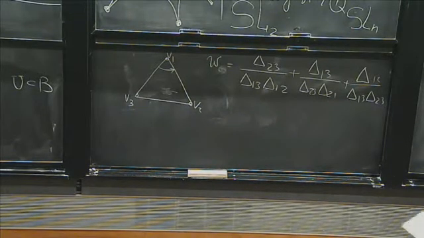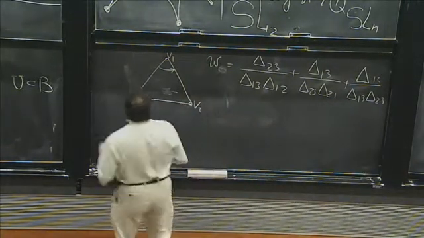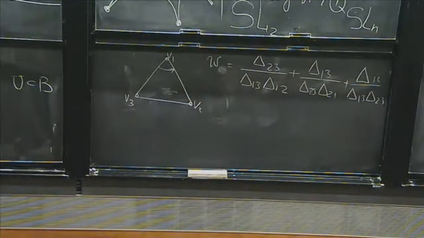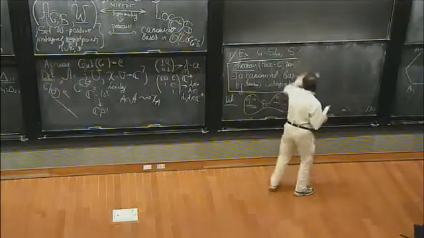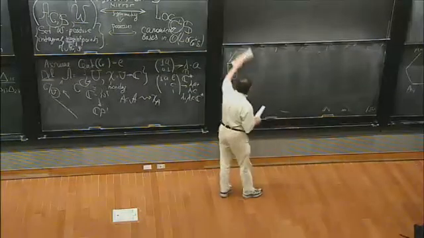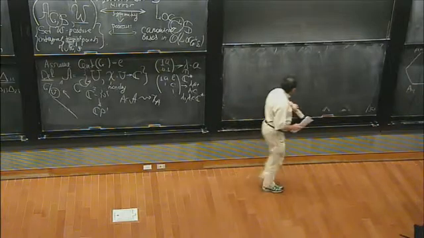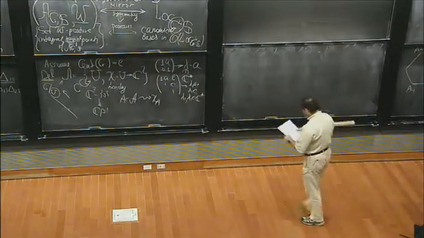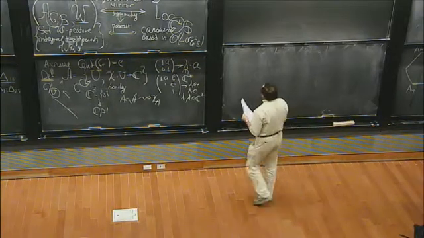OK, now let's formulate the result. The claim is that whenever you have a space, a space with lots of coordinates, and that's the case here, so that the transition functions between the coordinates have no minuses, you can define something which is called the set of tropical points.